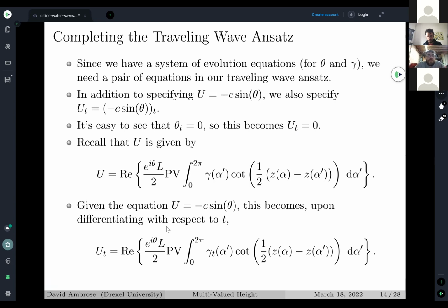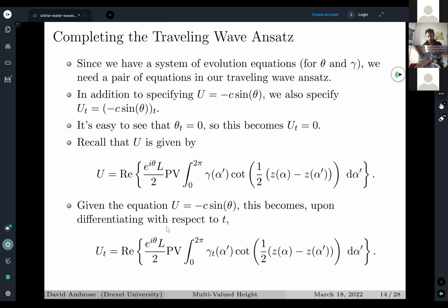Well, I had a formula for u. u was the normal component of the Birkhoff-Rott integral, which we can write this way. And now when I take the time derivative of this u, I'm going to take the time derivative of theta, the time derivative of L, and the time derivative of z. And those things are all going to give me 0.